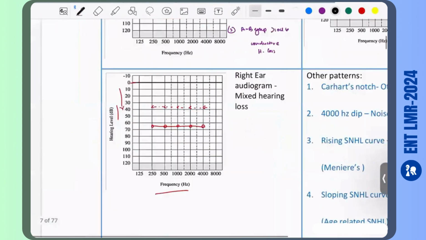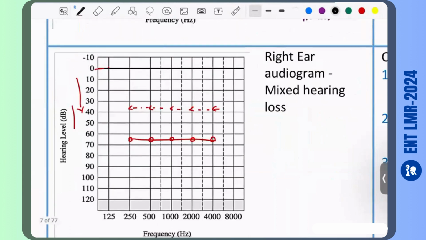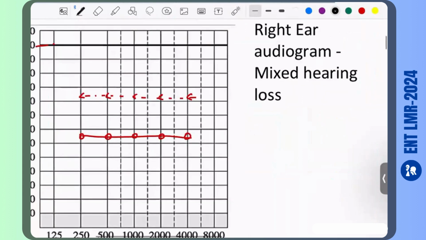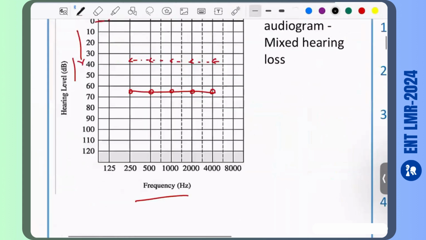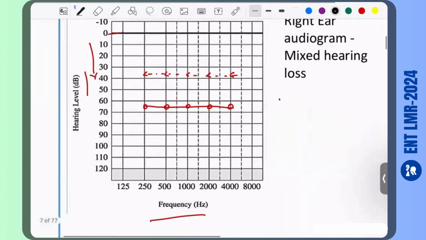Now this is the important thing. See here, the patient is having right-sided hearing loss. Thumb rule number 1, more than 25 decibel present, yes. Thumb rule number 2, bone conduction also more than 25 decibel, yes.